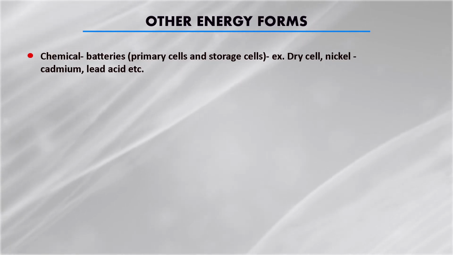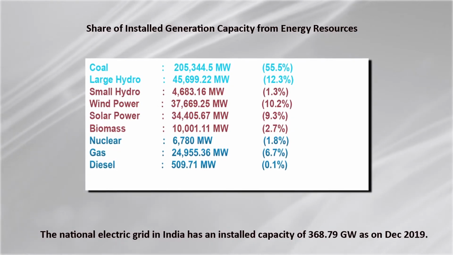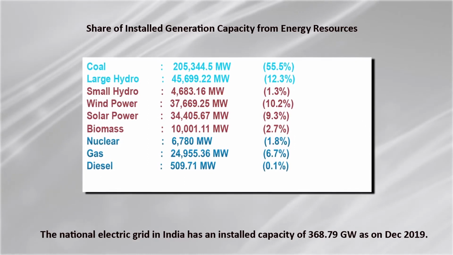In our country, the national electric grid in India had an installed capacity of almost 370 gigawatt in December 2019. The share of installed generation capacity from energy sources is shown here.